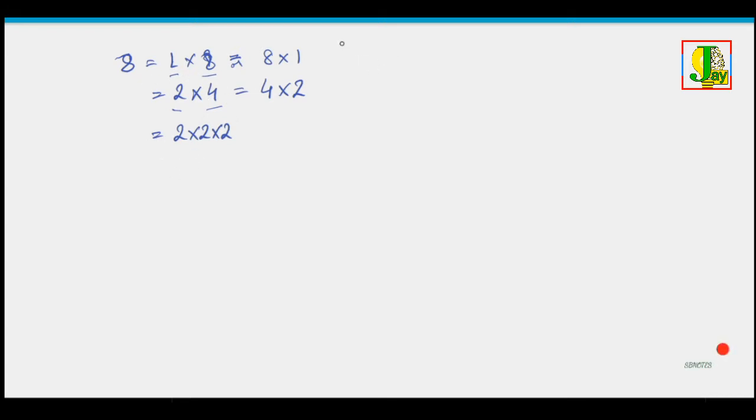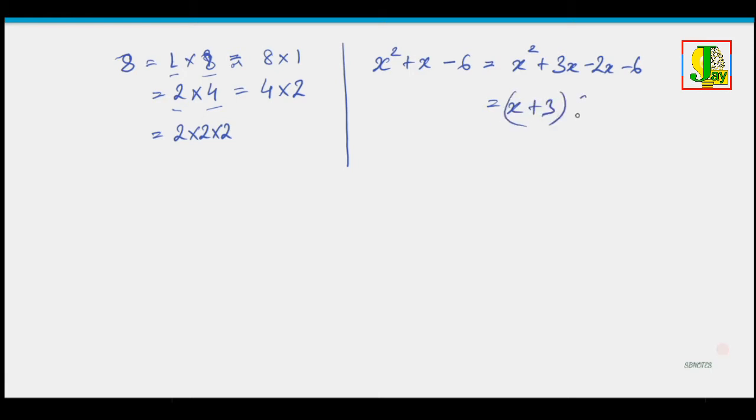In the same process, if I take a polynomial, suppose x squared plus x minus 6, and I want to write the factors, after factorizing it you will get x squared plus 3x minus 2x minus 6.